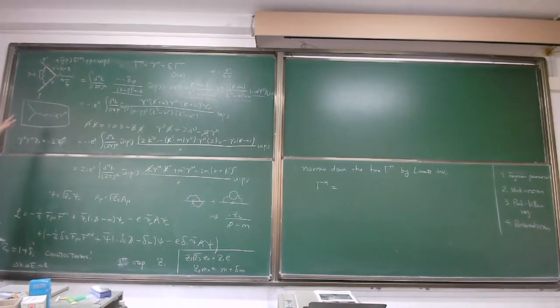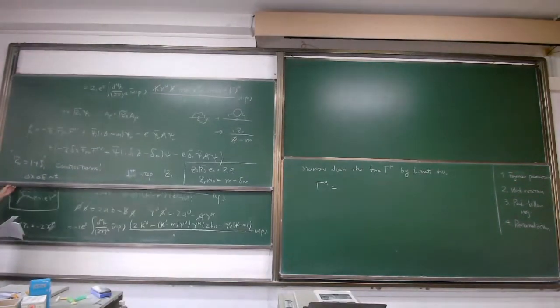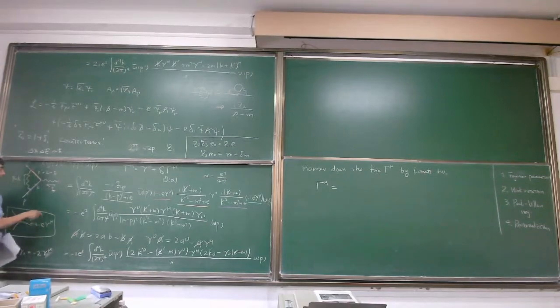So it should depend on, of course, q equal to p prime minus p. Therefore, this vertex should essentially be determined by a function of the incoming momentum and the final outgoing momentum.